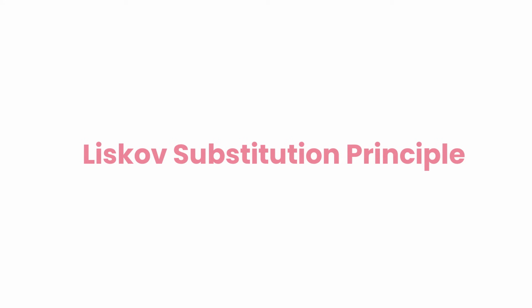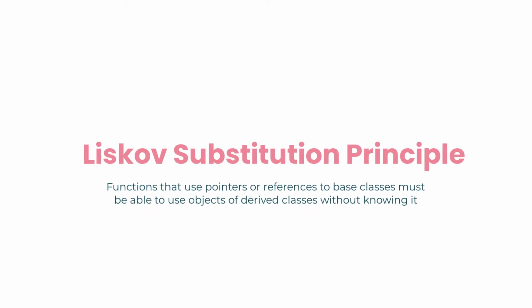All right, and the next one in turn is the Liskov, Barbara Liskov, substitution principle. It sounds like this: functions that use pointers or references to base classes must be able to use objects of derived classes without knowing it. Yeah, it sounds a little bit complicated. However, everything boils down to the following.